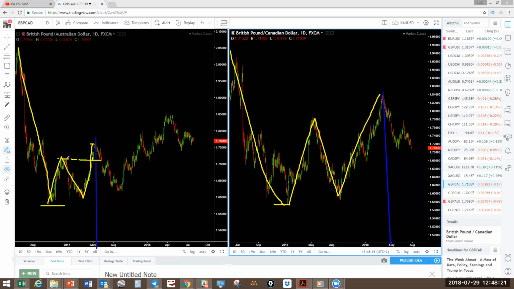This broke this previous top and just came down with this move to the downside. Because this is happening now and this had already happened last year, we could follow this move. So we are following this move. We expected this bounce, and I'm going to show you why we expected this bounce as well. That is part of the structure anyway, but we also expected it because it happened here.